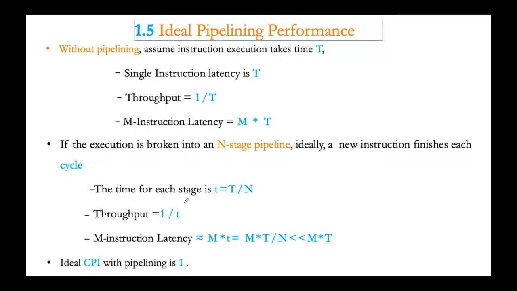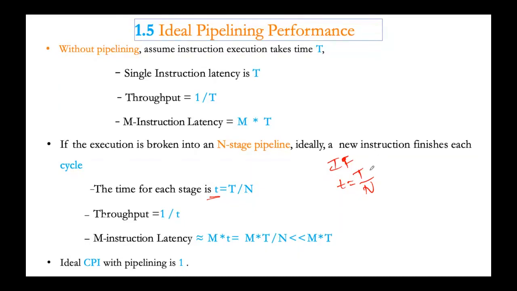So the time for each stage is a small time for each stage, it may be your instruction fetching stage. The time taken by a stage is the total time required for the instruction divided by the number of stages.